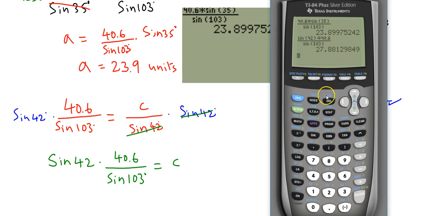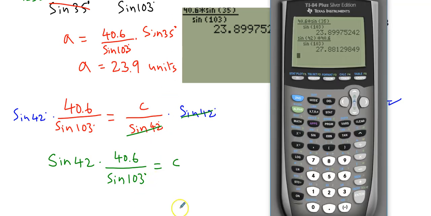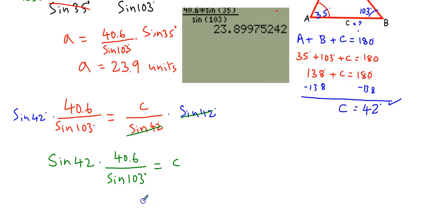We got 27.88. Right, let me bring it here. This is 27.88. I can write it as 27.9 units. So my C is equal to 27.9 units. Right, even C is also done.